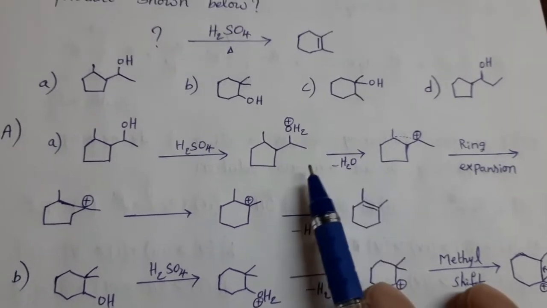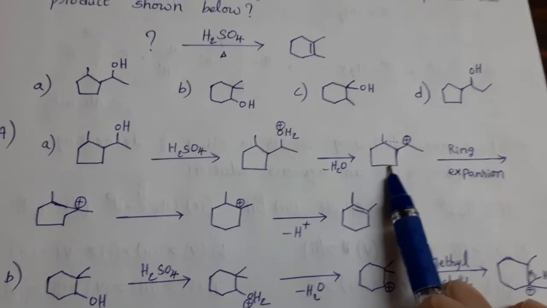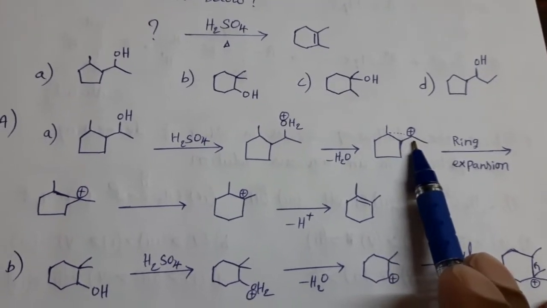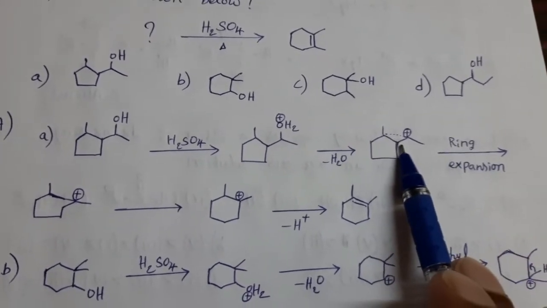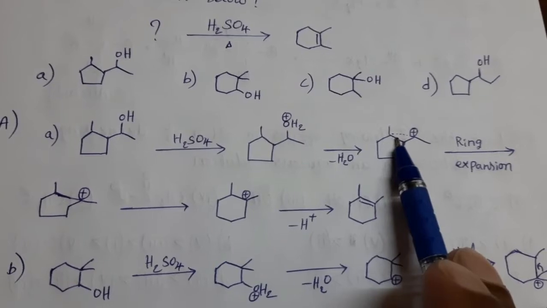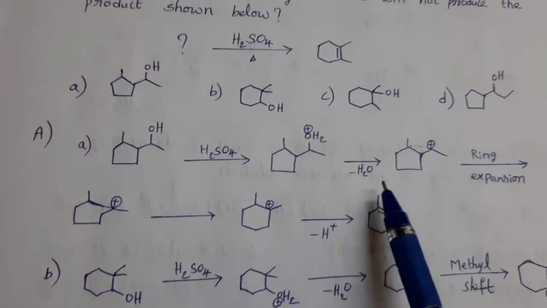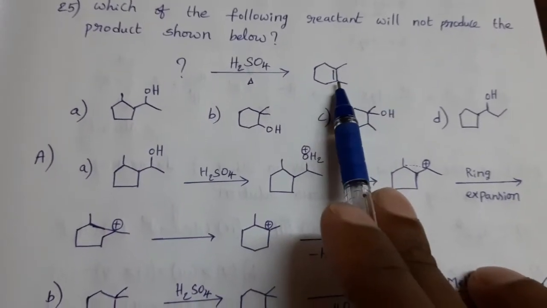So here generally students do mistake in this type of questions. Ring expansion, carbocation is present outside of the cyclic structure. In this way, ring expansion takes place. These bonding electrons are shifted to this carbon atom. So this is the product. That means option A can give the given product.